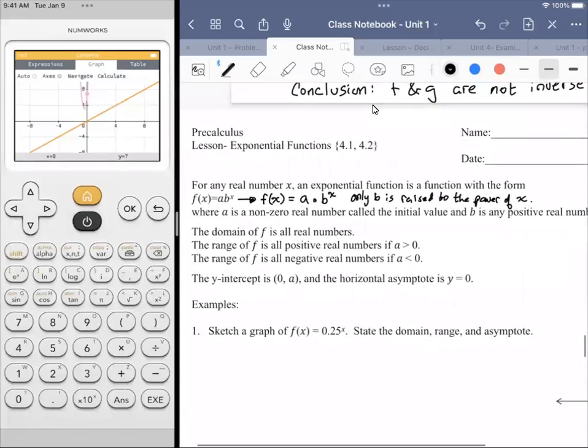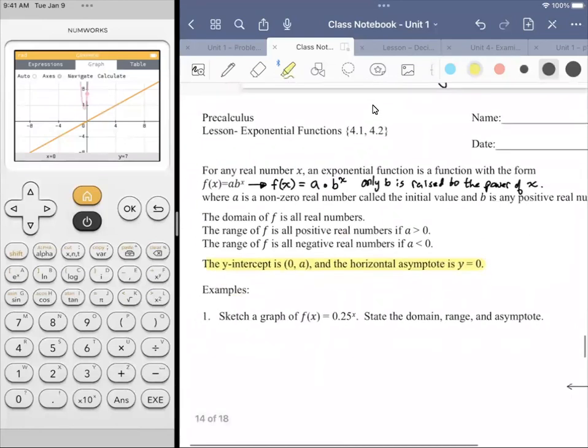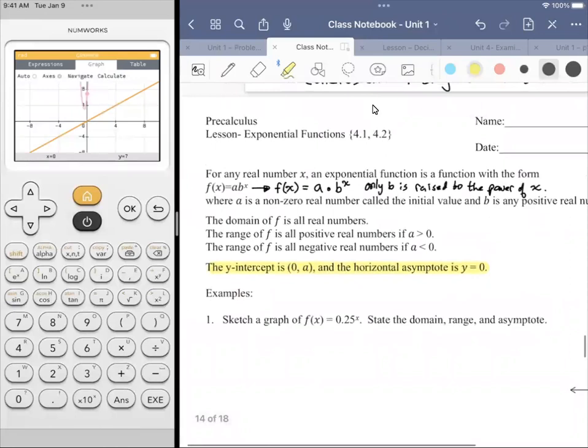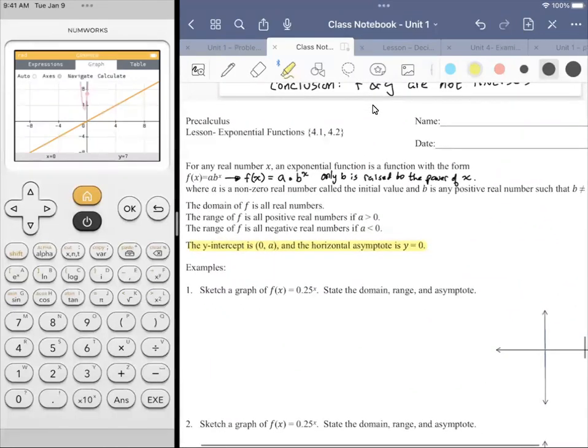The a value takes on a few different roles. You can look at it as a constant multiple, but it's ultimately going to end up being the y-intercept of the function, and I make a note of that down here. The y-intercept is 0a. You have a horizontal asymptote for this pair. There's a parent function associated with this, and that parent function will have a horizontal asymptote of y equals 0.